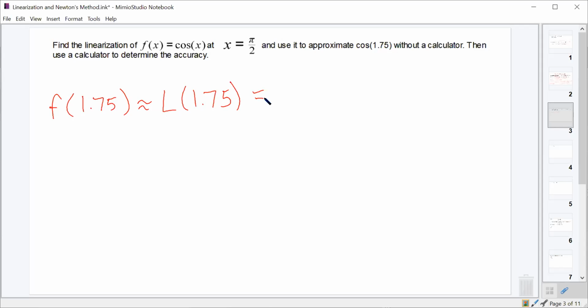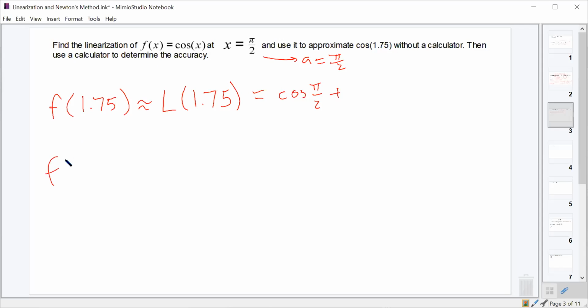And now we're just going to use our linearization. So our linearization says f of a. Well, our center of approximation, a should equal pi over 2, since that's the value. We know the cosine of pi over 2, right? We can evaluate that one, so that one's close, and we can use that as our value. So we're going to say f of a is cosine of pi over 2, and then plus f prime at a.